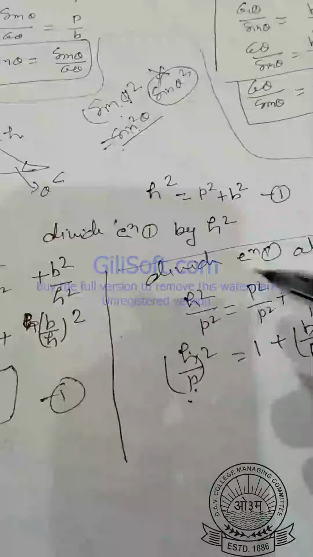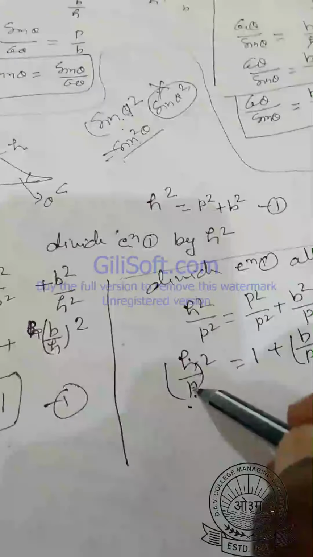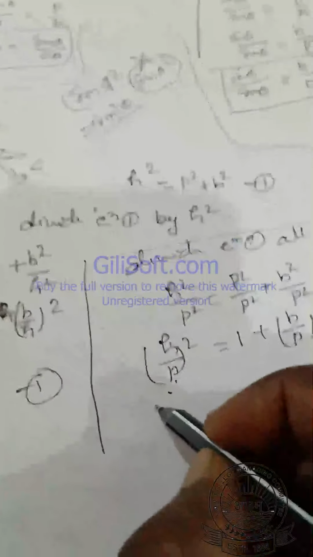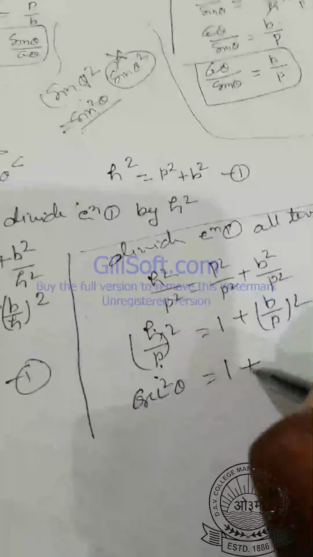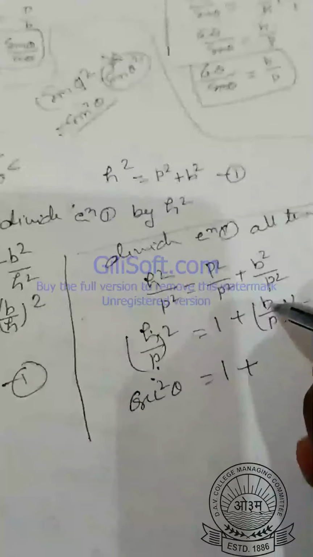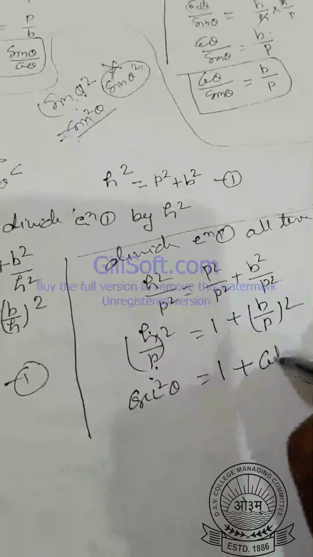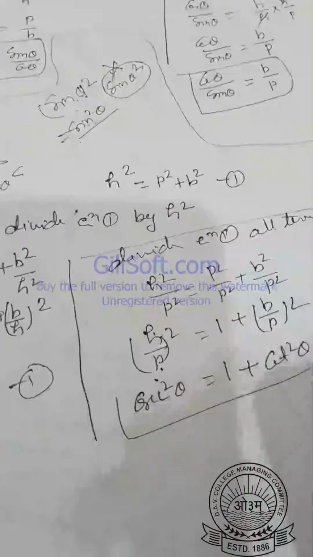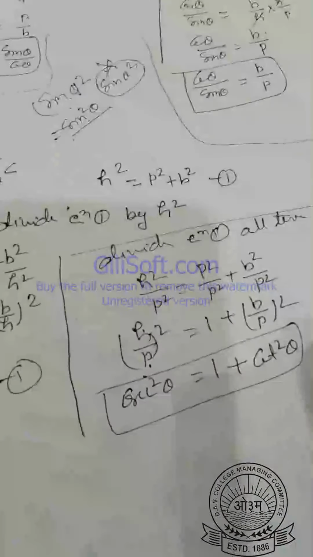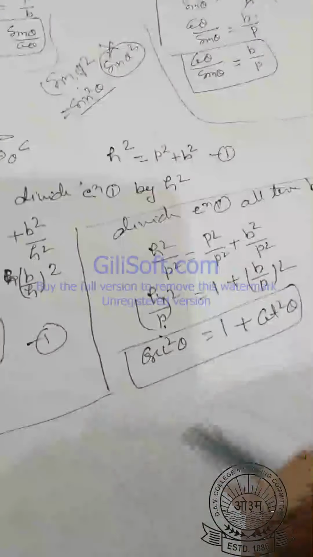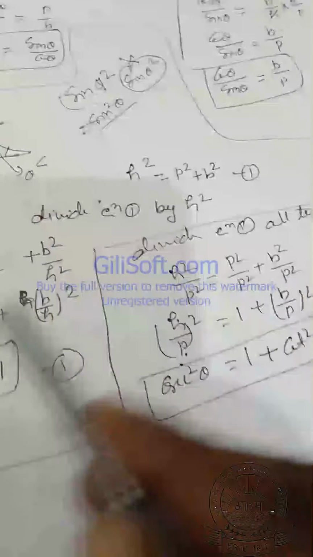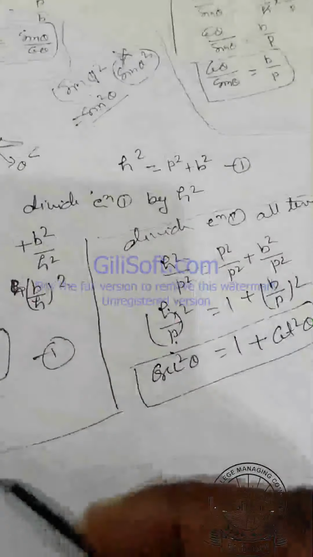It is just reverse of sin theta. So you can write here cosec square theta, and this is 1, and b by p, base by perpendicular, then this is cot square theta. This is the second identity.